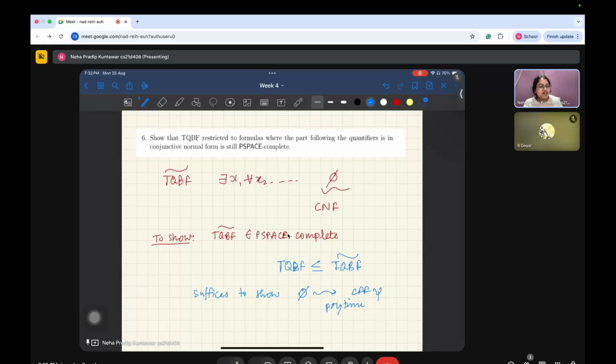We've done this already in the SAT world. I think we showed that circuit SAT reduces to CNF SAT, and CNF SAT further reduces to 3-CNF SAT. So it's the same idea.